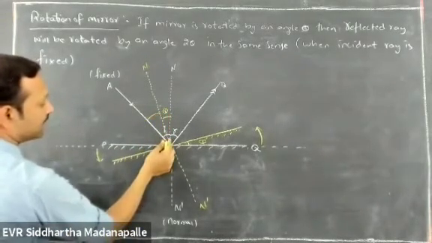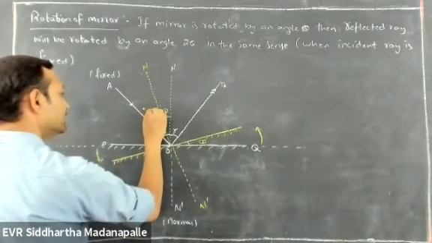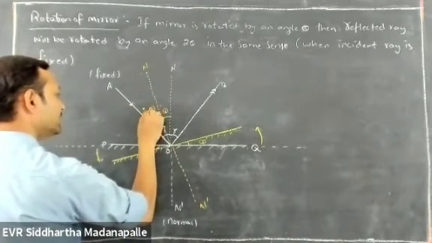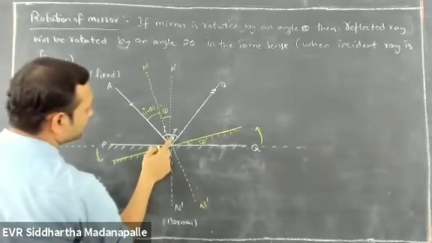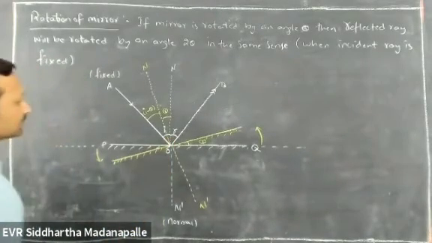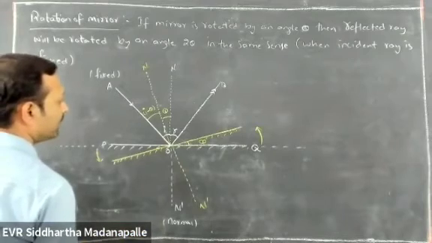If this total angle is I, the new angle is I minus theta. Then the angle of reflection should also be I minus theta. So we have to take R minus theta, right?